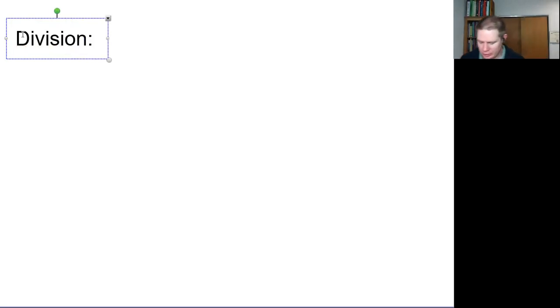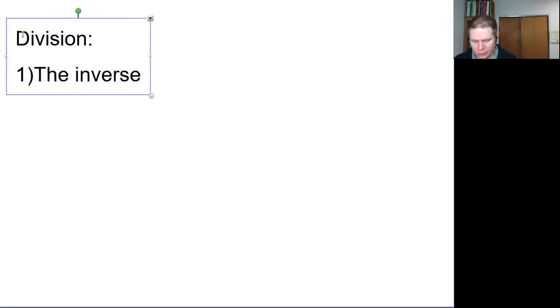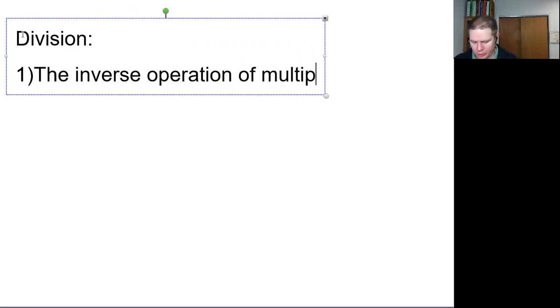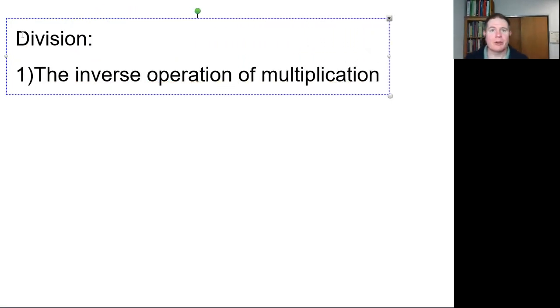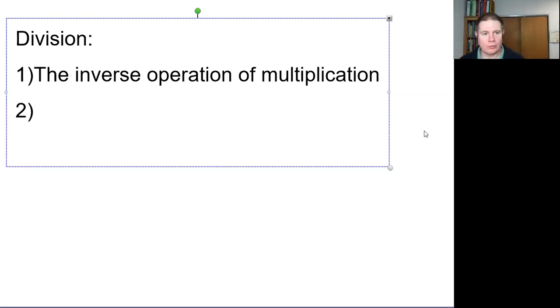Division is the inverse operation of multiplication in very much the same way that subtraction is the inverse operation of addition. So we're going to look at two more definitions of division. Division has three definitions in very much the same way that subtraction has three definitions.